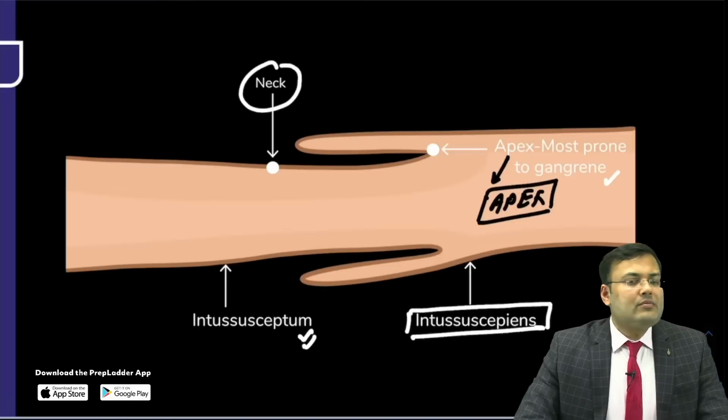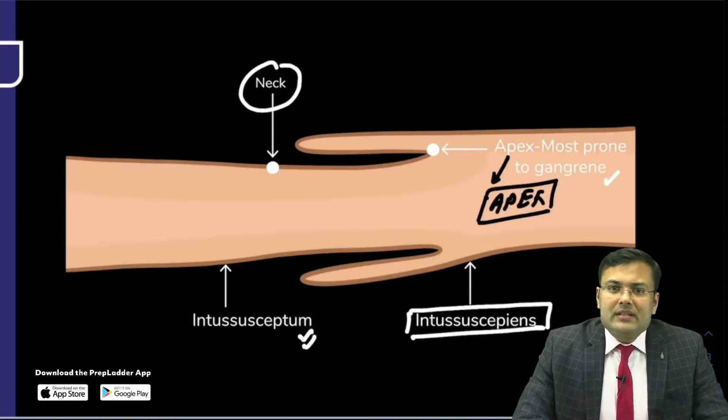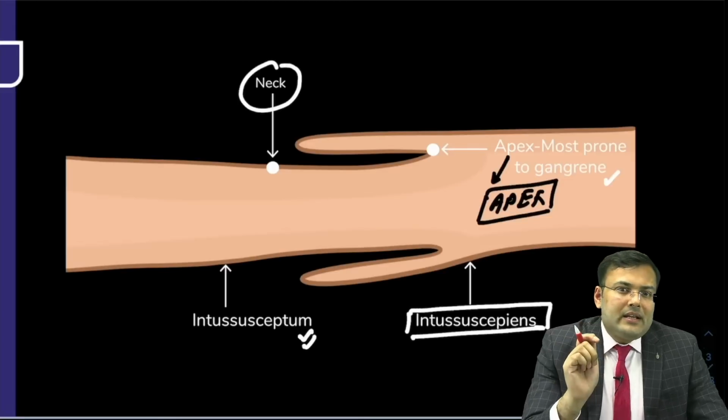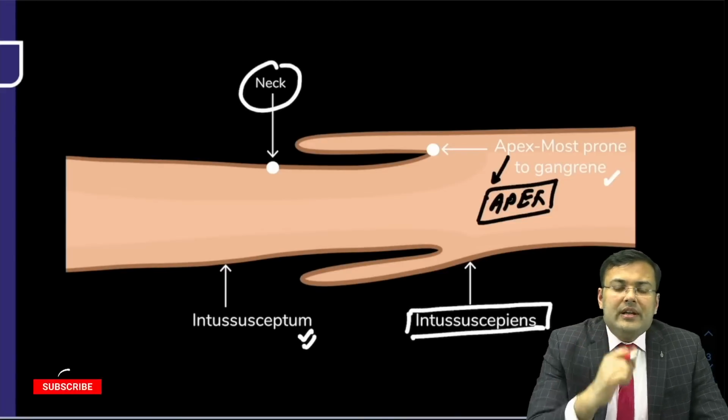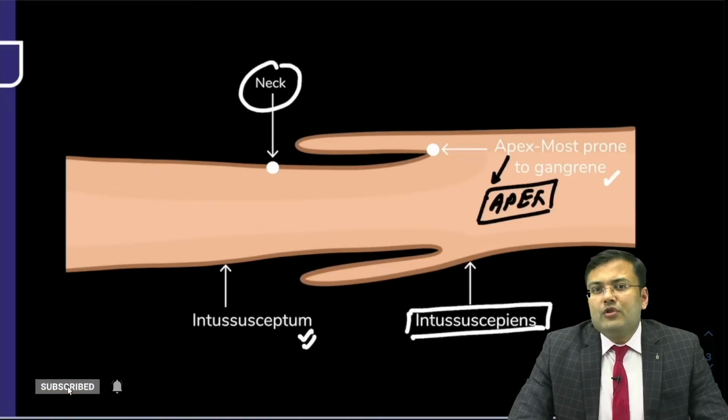We discussed that it is more common in children aged 4 to 10 months and it is idiopathic. Cause is not known. But in certain cases, there is a lead point, the point which initiates the intussusception. So another question for you all, what is the most common lead point for intussusception? I am waiting for your answer.